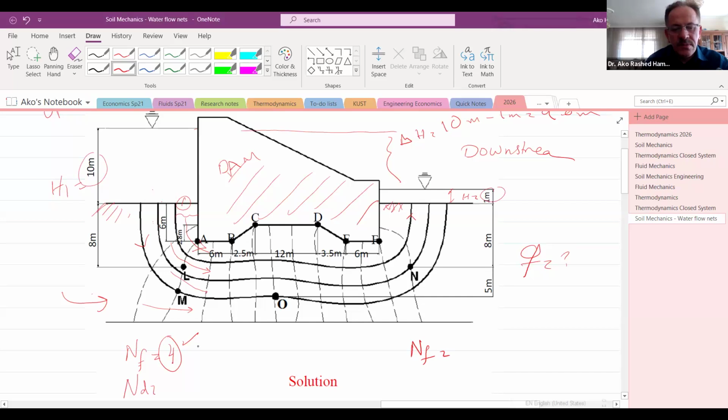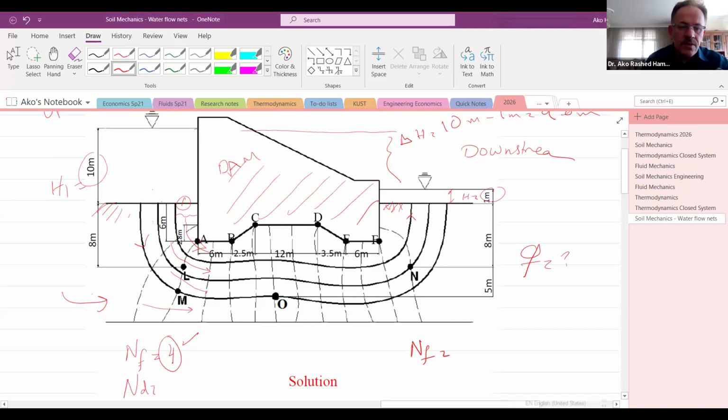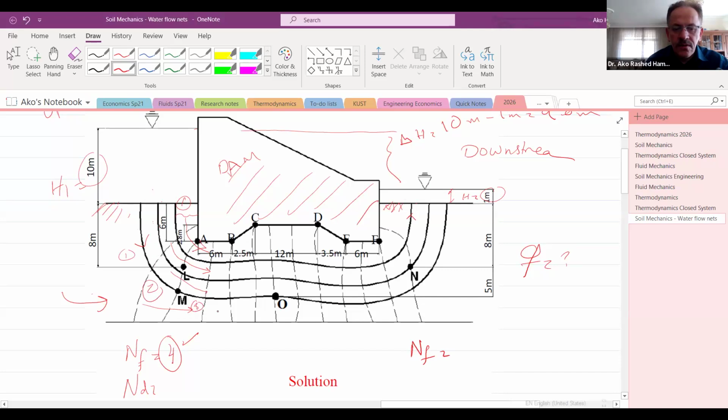How many steps, or the number of the drops, that have been stepwise dropped? 1, 2, 3, 4, 5, 6, 7, 8, 9, 10, 11, 12, 13. So the number of drops is 13, and NF is equal to 4.